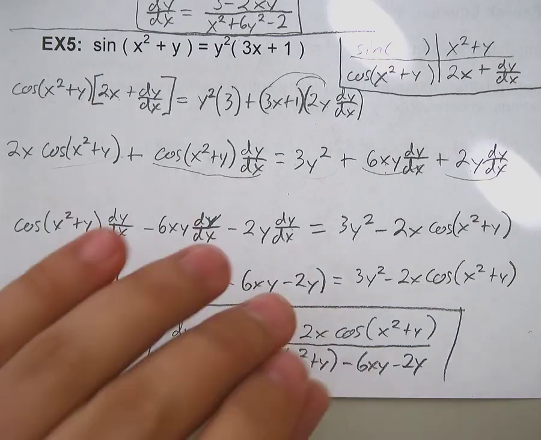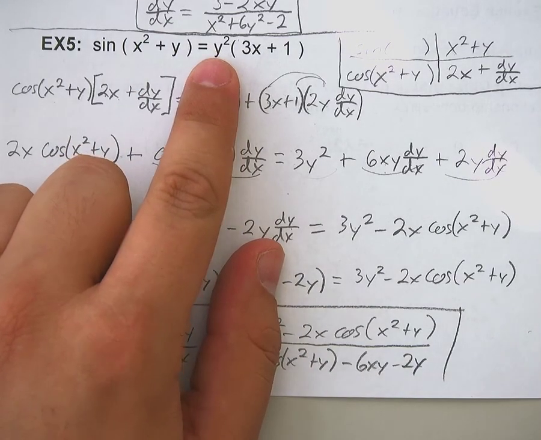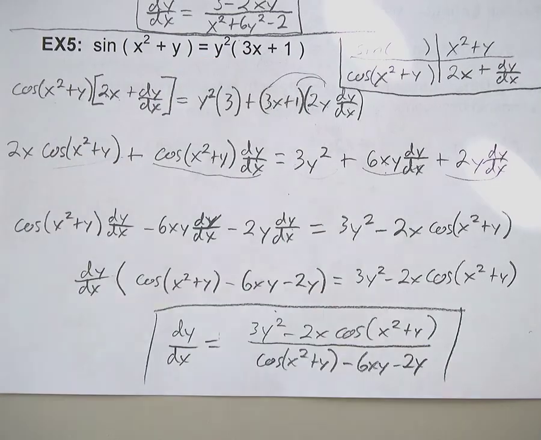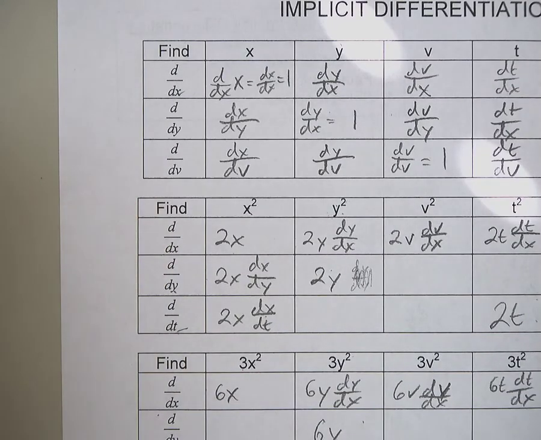As long as you can remember that you're taking the derivative of what you see, and if it happens to be a y, tack on a dy dx. Whatever you're taking the derivative of with respect to. We'll get into later where we did like on the front, the dv's and dt's, the derivative with respect to time, with respect to v. All that's doing is changing the variable. The principle is the same.